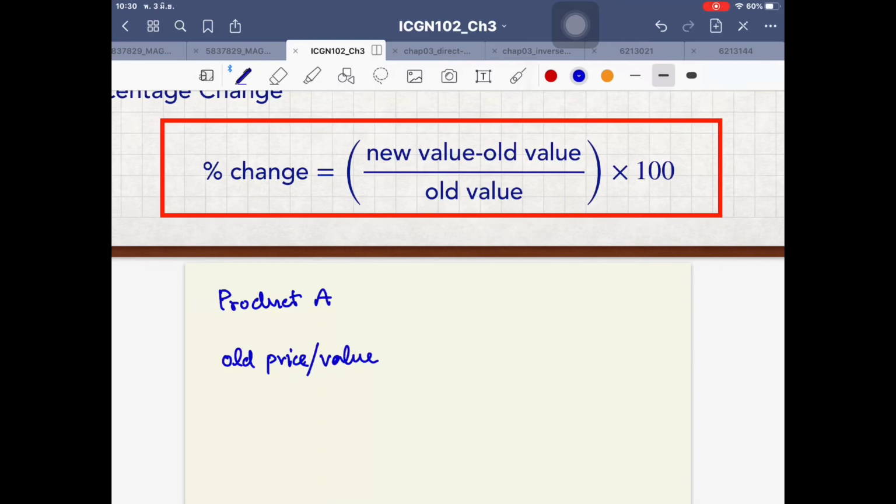Here we use the terms price and value to mean the same thing. Let's say the old price, or old value, could be something like 1,000 baht.